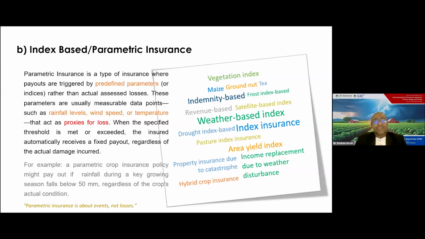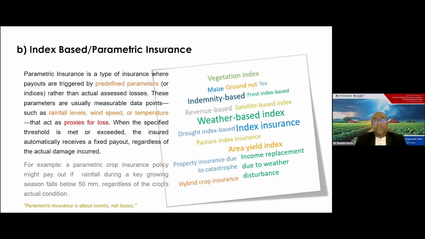In parametric, by looking at the word itself, you can decide what kind of insurance it is. This insurance is based on parameters. How are parameters decided? Parameters are taken from weather parameters, such as rainfall, wind speed, and temperature, and each is actually a proxy for loss.